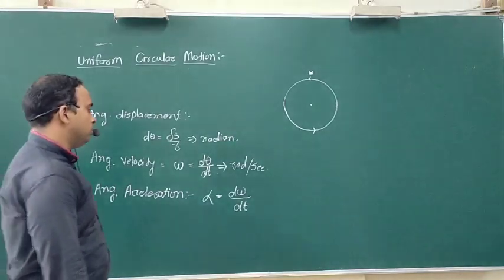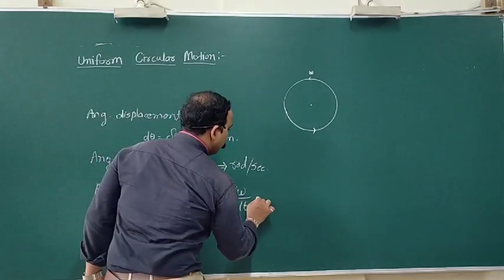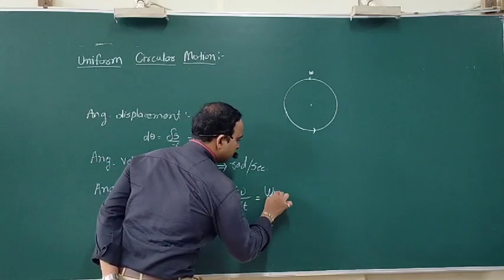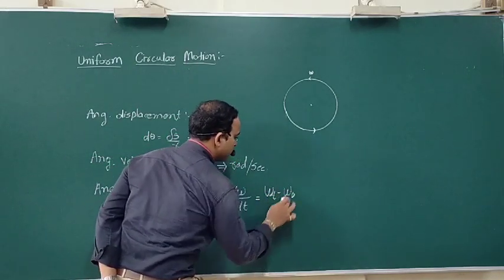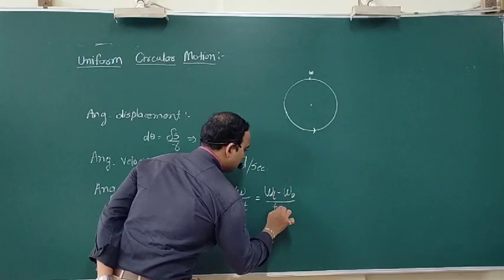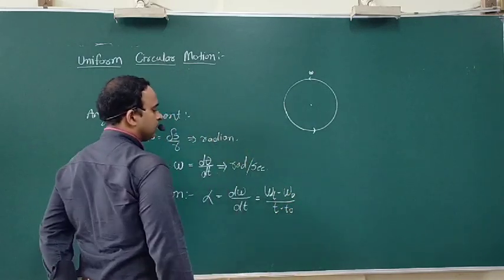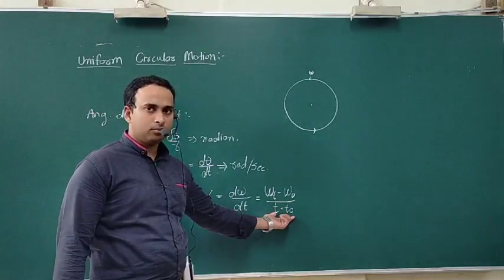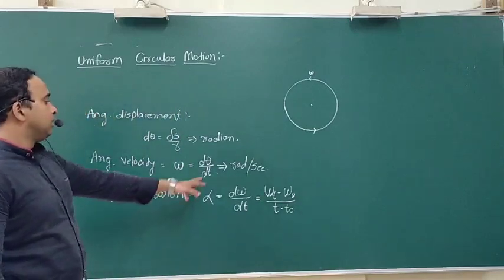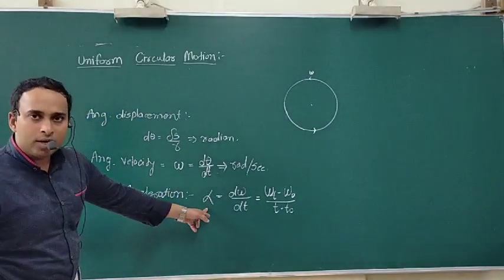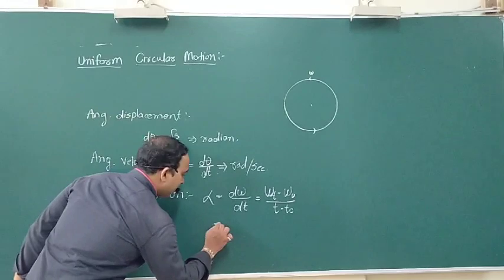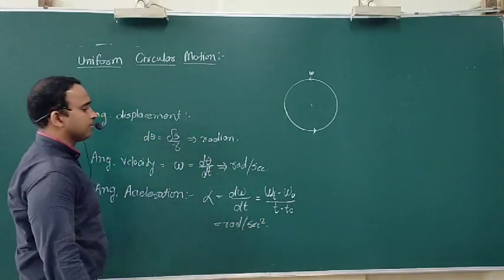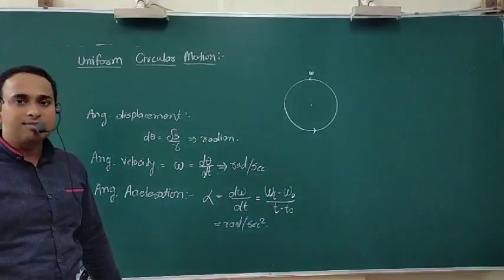Or we can also write (ω_t minus ω_0) upon (t minus t_0). We already know this formula. The unit of angular acceleration is radian per second square.